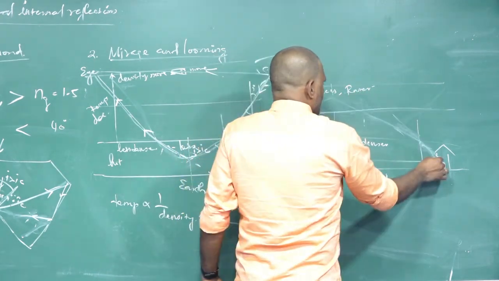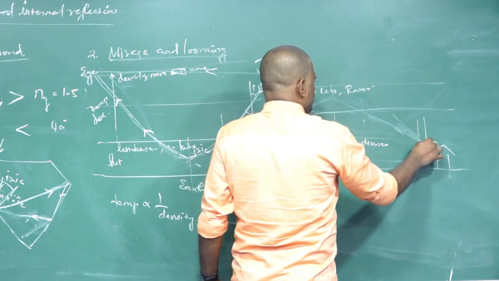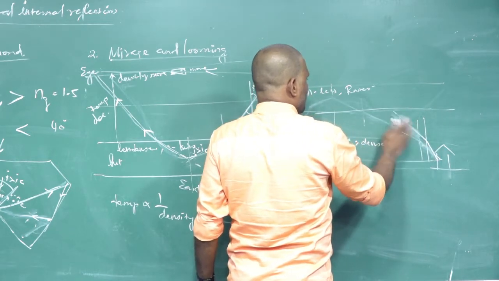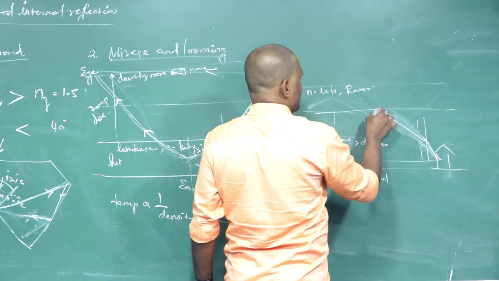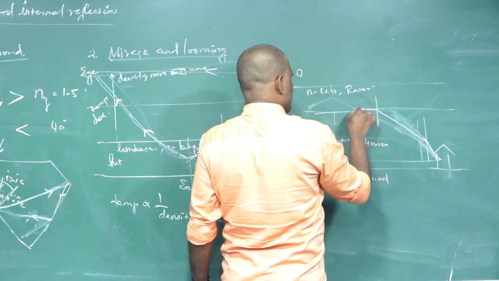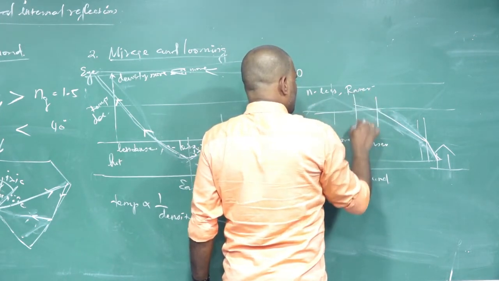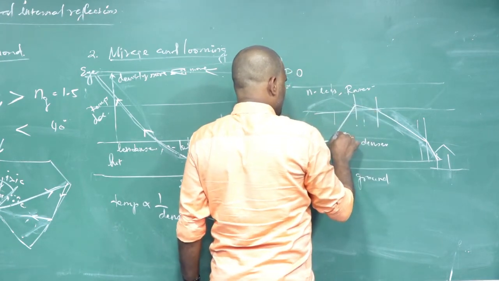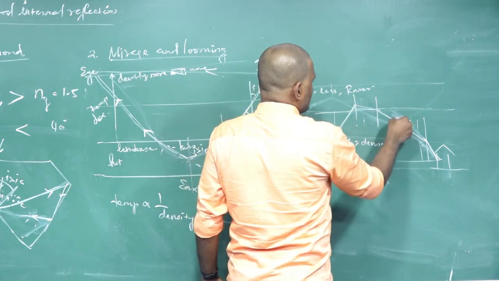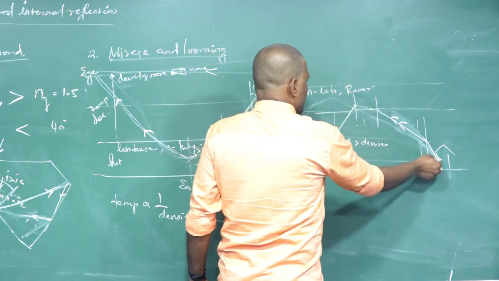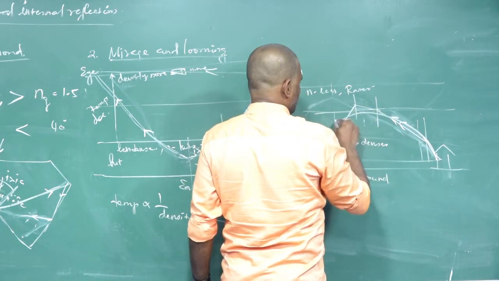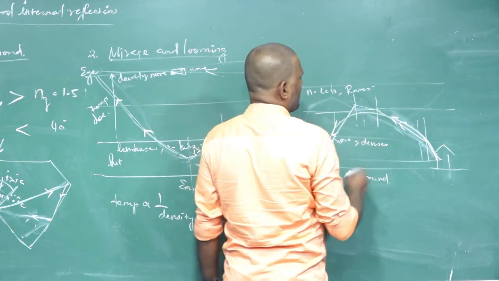So what will happen? It will get reflected or refracted to a greater range of angle, and then once again total internal reflection sort of thing will take place. At this particular region, light will get reflected back like this. So we can say here, light travels like this and reaches the human eye.